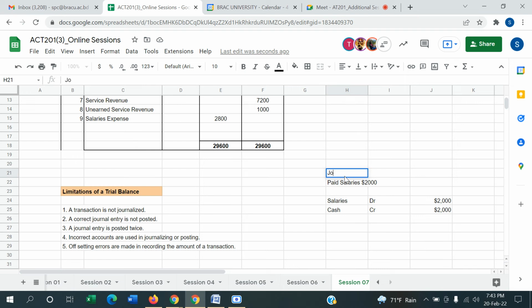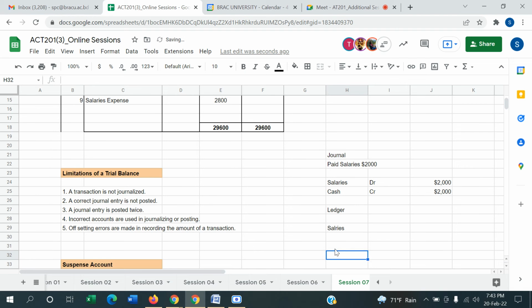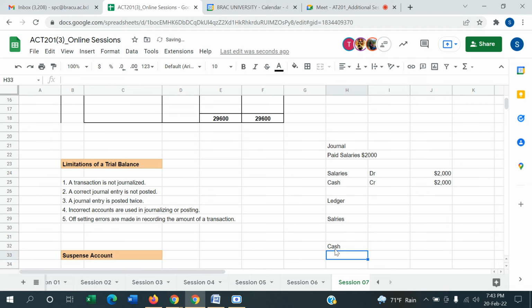So this is the first part, journal, and the second part we are supposed to prepare is the ledger. In the ledgers, we have to prepare the salaries account and also a cash account. So there will be a debit column, credit column and balance.